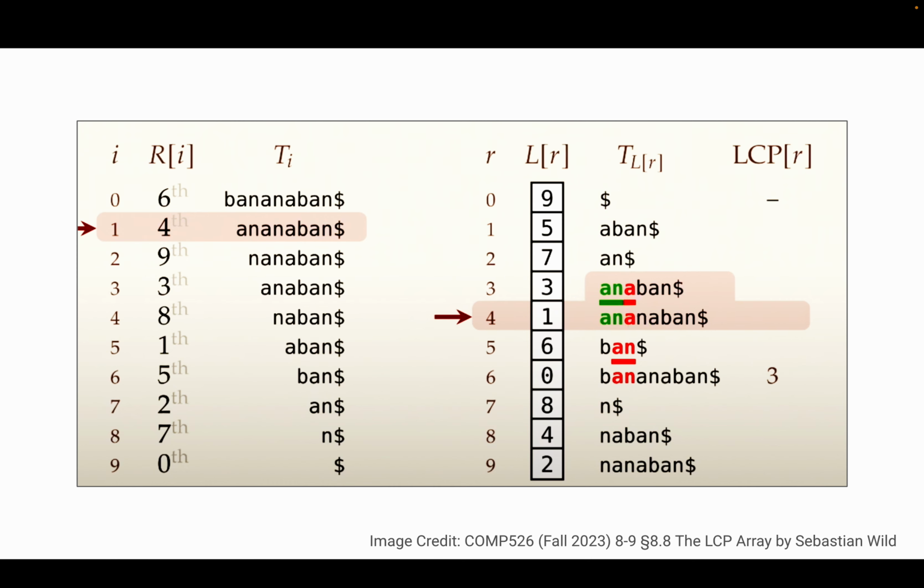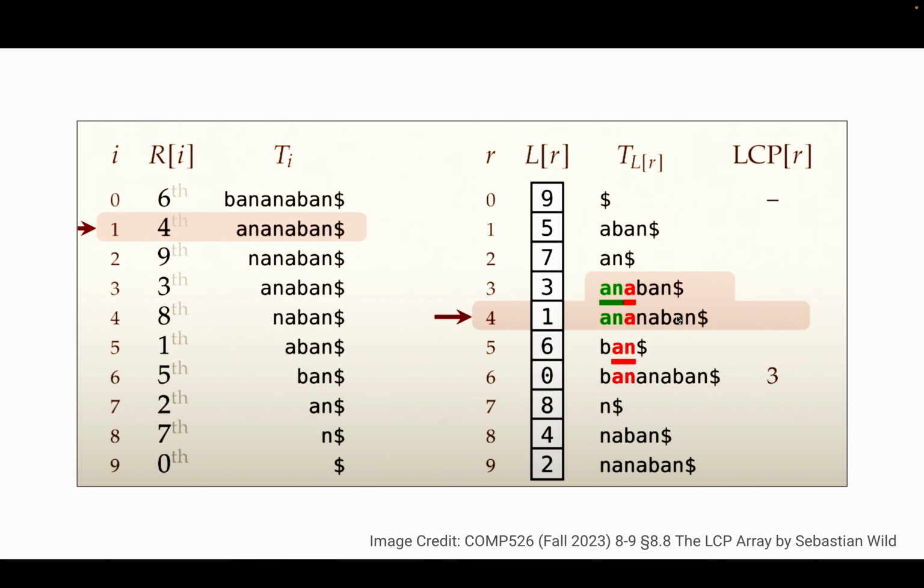Again, as we move forward, we're done with the entire element. Now we move on to the second largest substring, which is banana ban, and again we go through the same procedure. We find out its corresponding index in the suffix array, and then we compare it with what is above it.